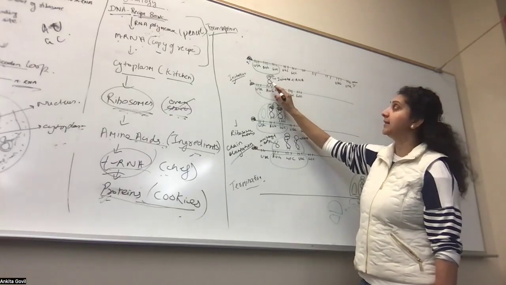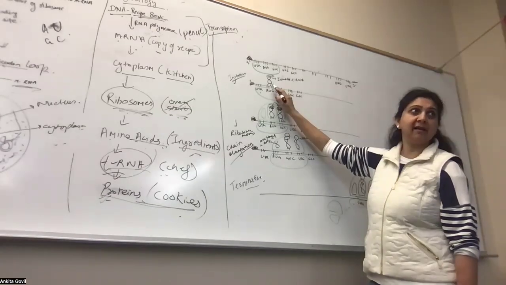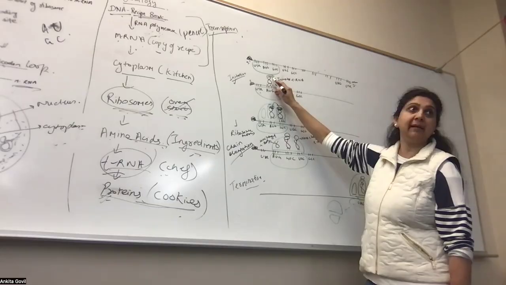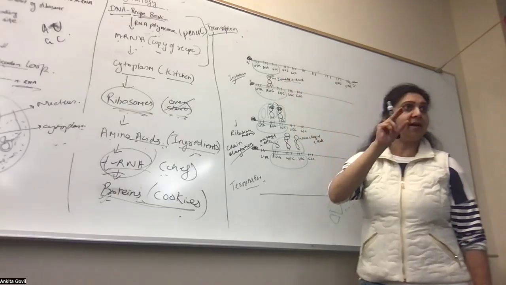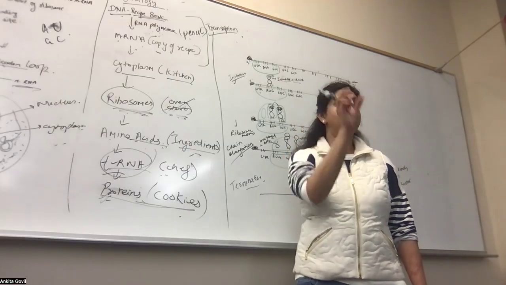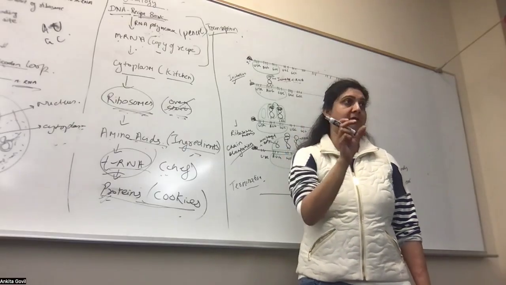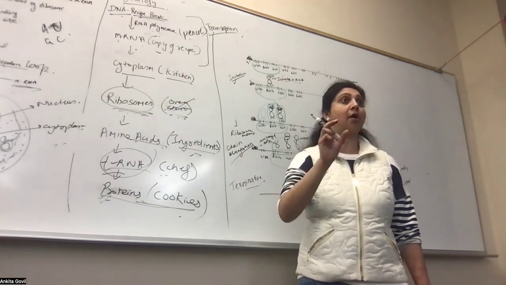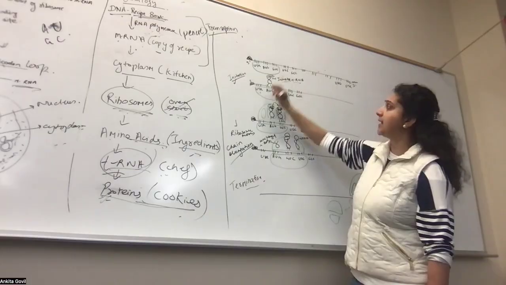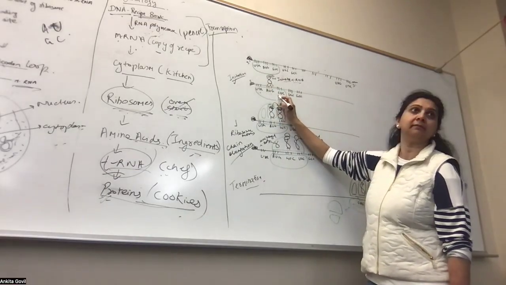So the tRNA with methionine amino acid, which is the initiator tRNA, will bring the methionine, the starter amino acid, and stick to the start codon, this AUG.